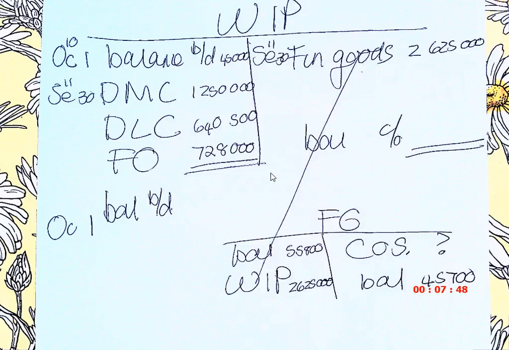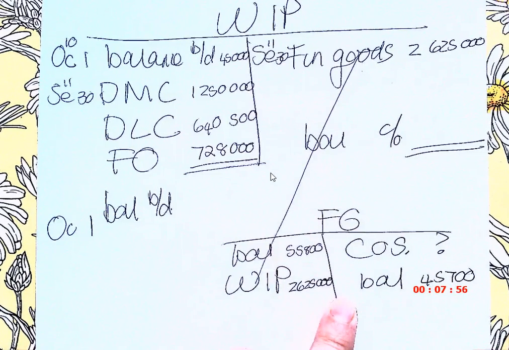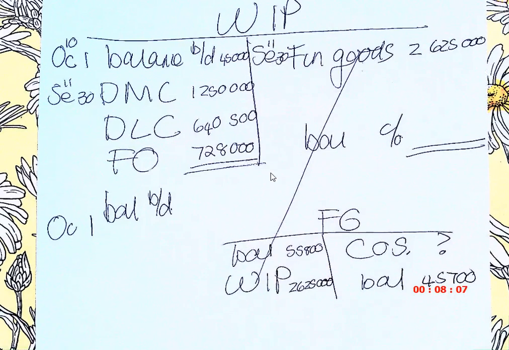Trading stock would actually be the finished goods, because this is the stock I'm going to sell. Does that make sense? Okay. Everybody happy? Can I move? Okay, let me move. Here we go.